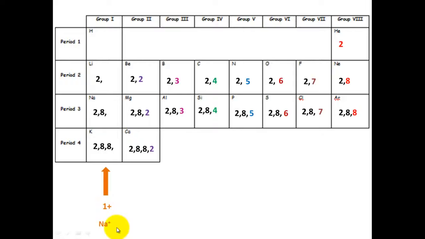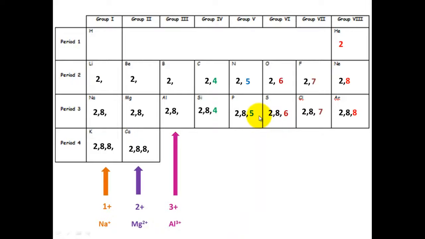For example, sodium, Na positive. Group 2 will lose 2 electrons to become a 2 plus ion. Example, magnesium 2 plus. Group 3 will lose those 3 electrons to become a 3 plus ion. For example, aluminium 3 positive.